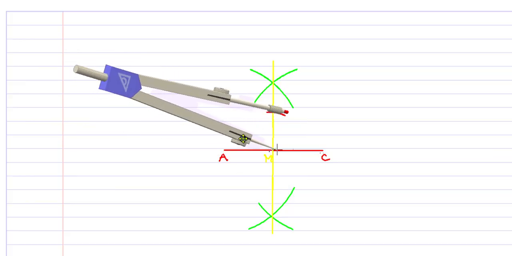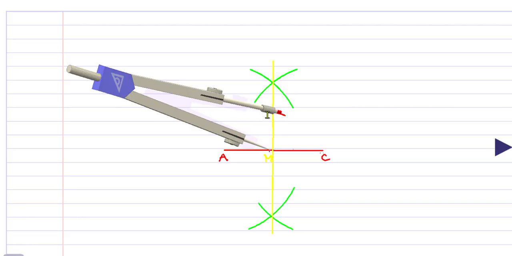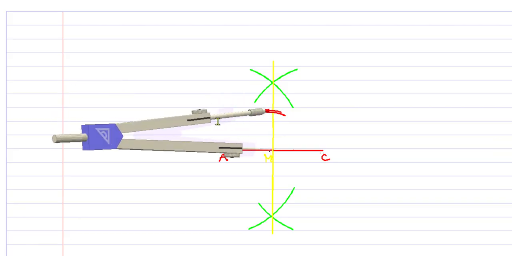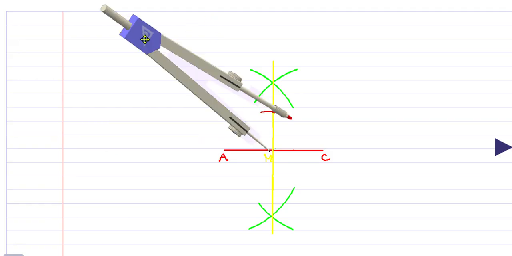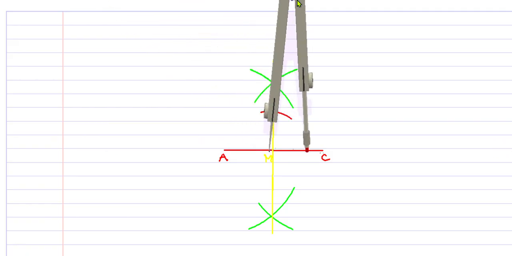2 centimeters above, and 2 centimeters in the other direction.